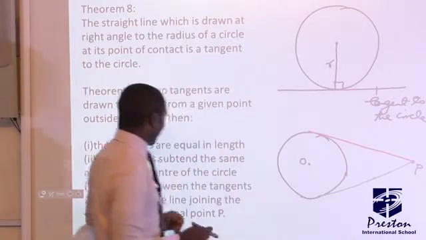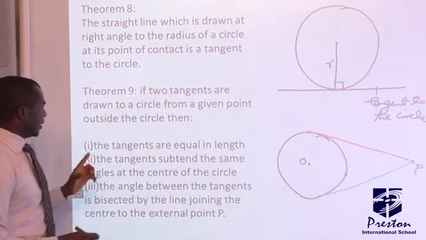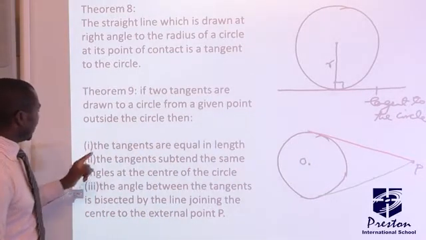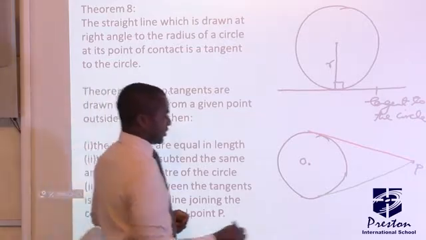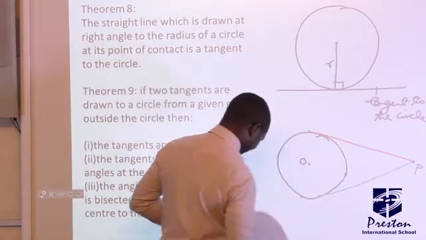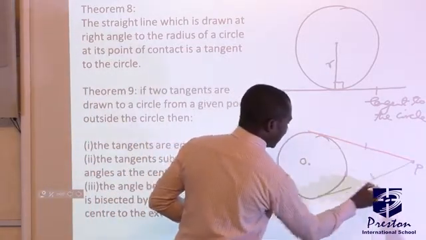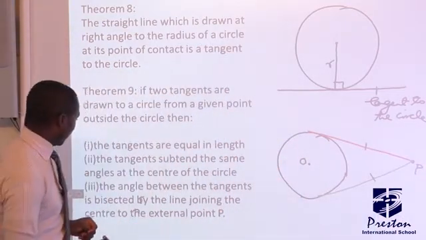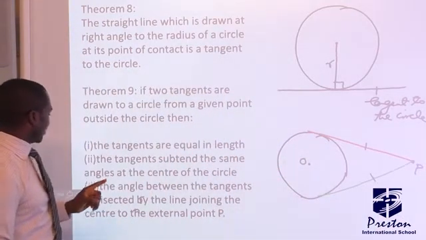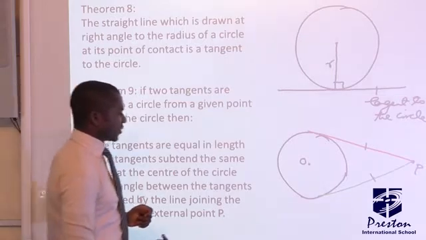Now, take note of the following. The tangents are equal in length. That is, this tangent and this tangent are equal. Then the tangents subtend the same angles at the center of the circle.